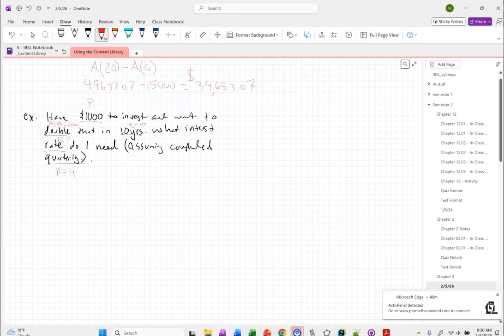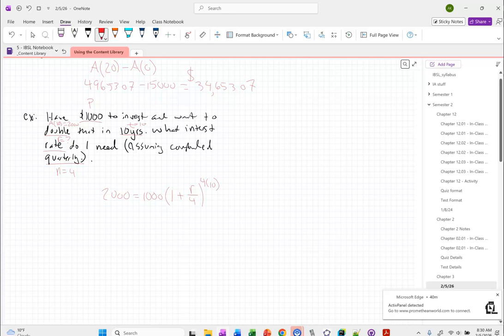Okay, let's fill it in. So I have 2,000 equals 1,000 times (1 plus r over 4) to the 4 times 10. And we're solving this for r now.